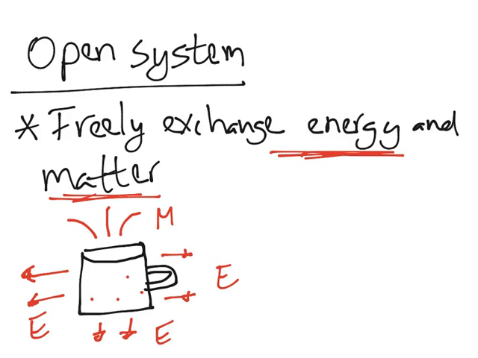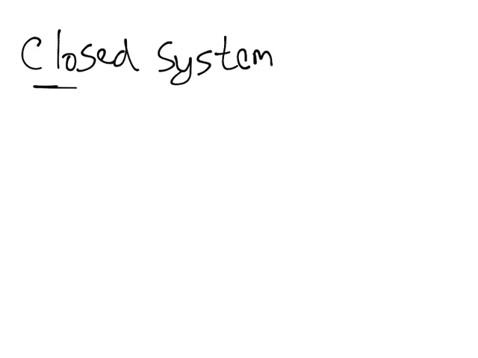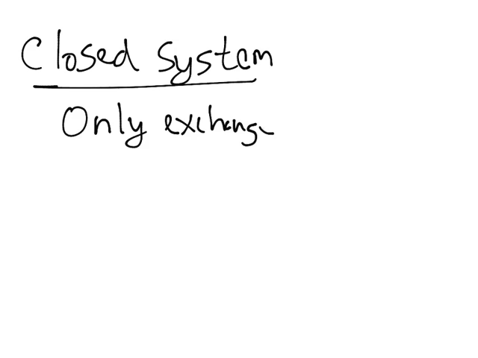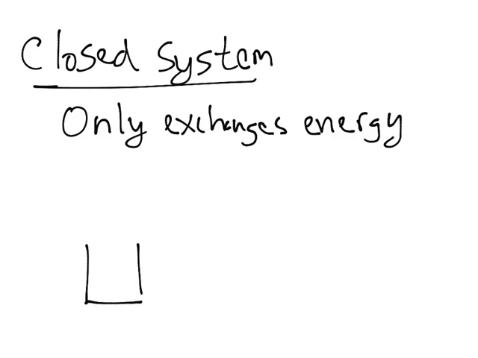Now let's go to a closed system. A closed system can only exchange energy. So there will be no matter exchange. So let's say we have the same cup, but this time we put something on top.